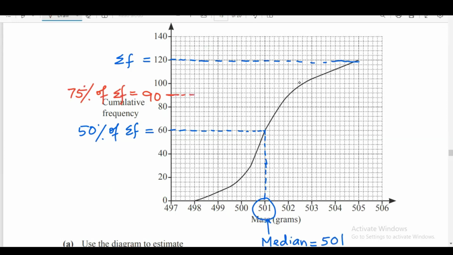Join the line with the graph, and then the value of Q3 will be on the x-axis. So 502 is the value for Q3, the upper quartile.